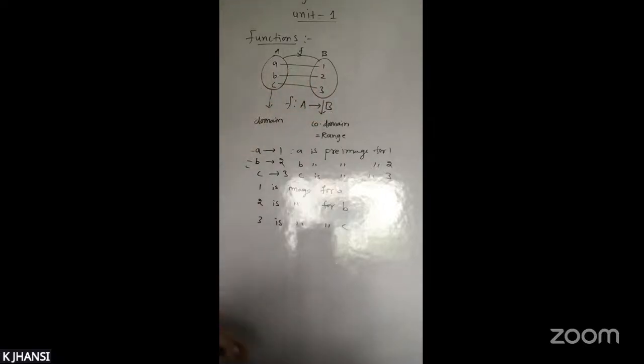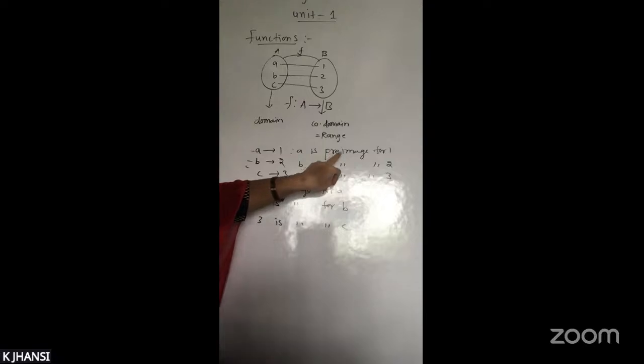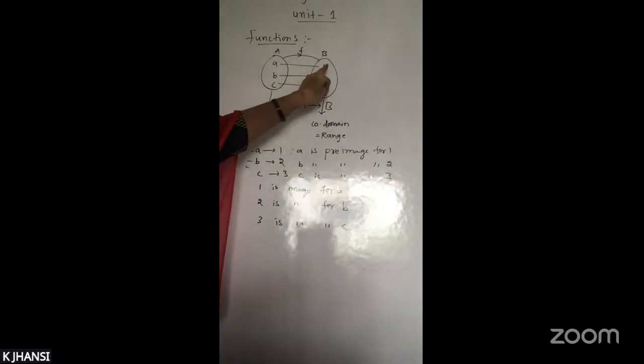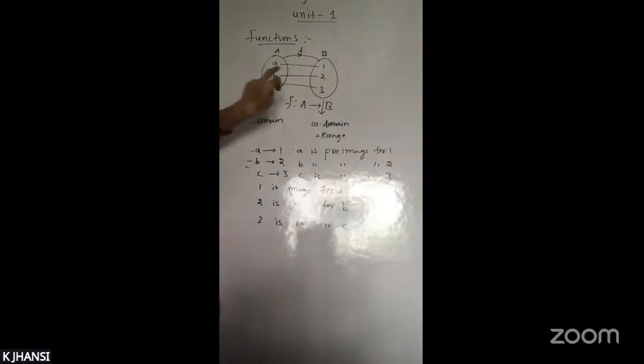That's why, in the definitions of domain, codomain, and range, we use the terms pre-image and image. When all the elements in set B have pre-images A, B, C, then we call the codomain equal to the range.